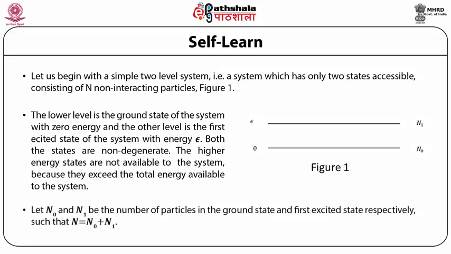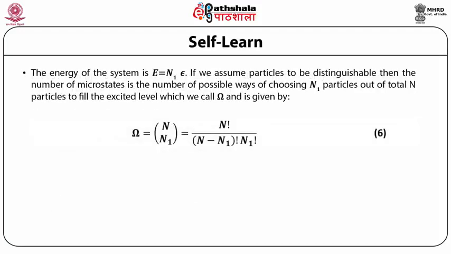Let n0 and n1 be the number of particles in the ground state and first excited state respectively, such that N is equal to n0 plus n1. The energy of the system is E equal to n1 times epsilon.